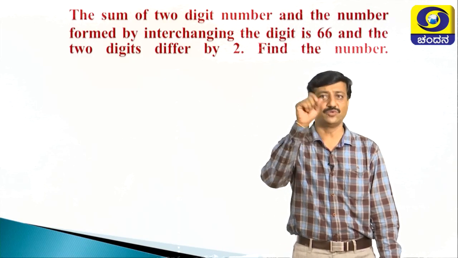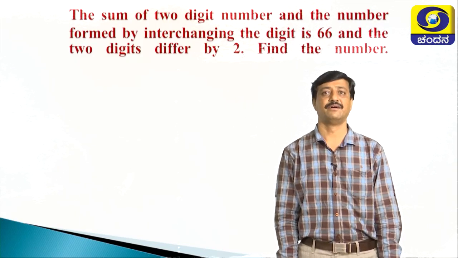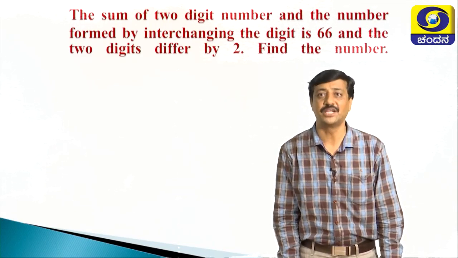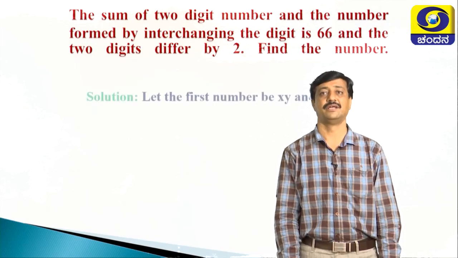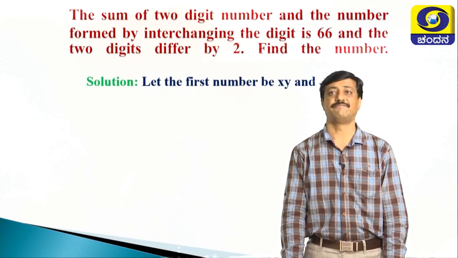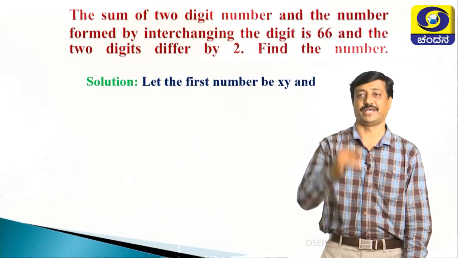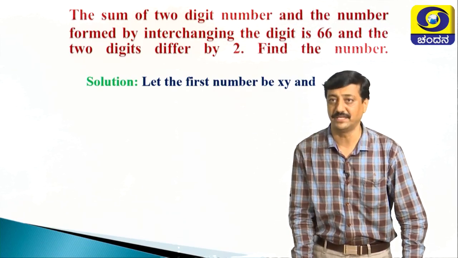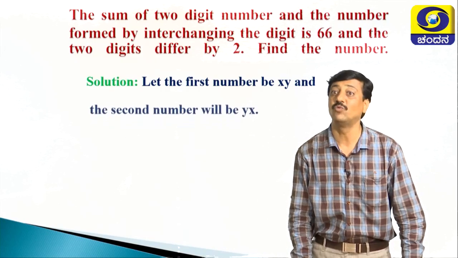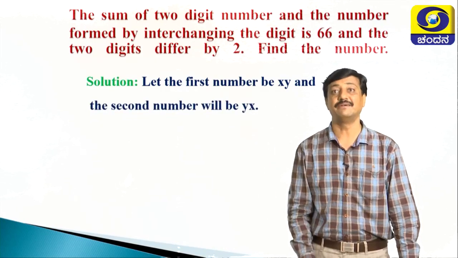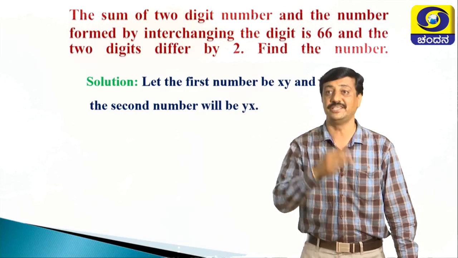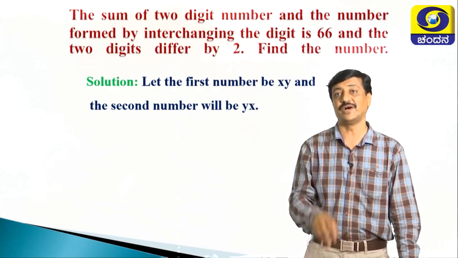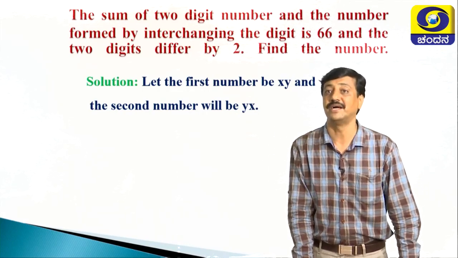According to the given statement, first we have to consider a 2-digit number. Let the first 2-digit number be xy. If xy is our first number, the second number will be yx, formed by interchanging x and y.